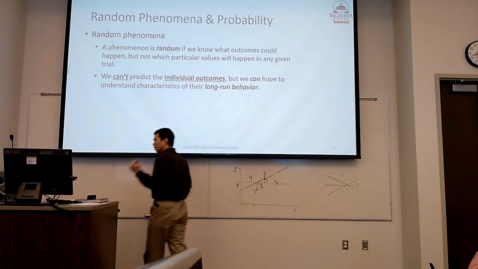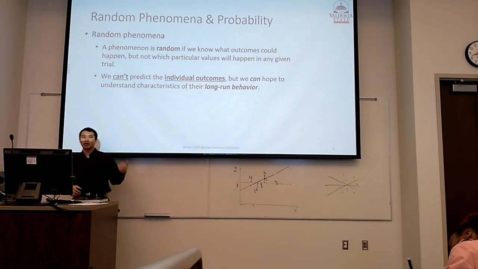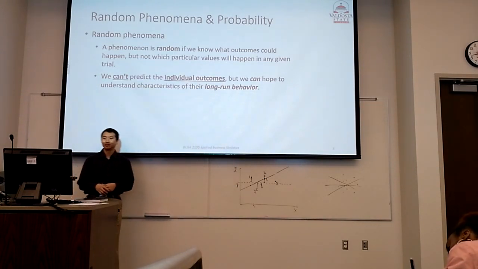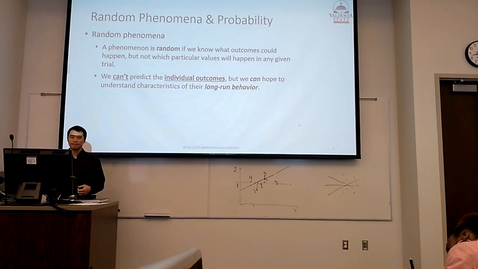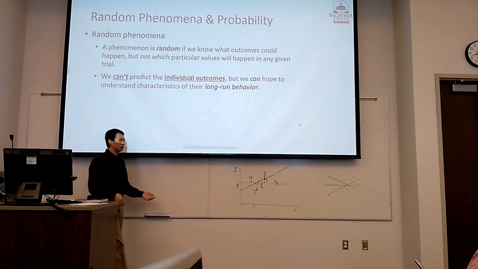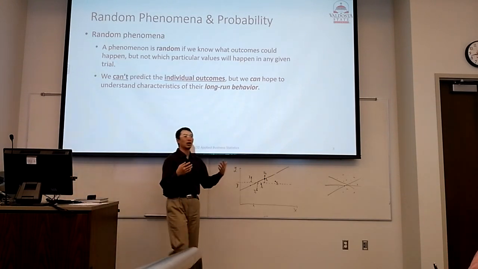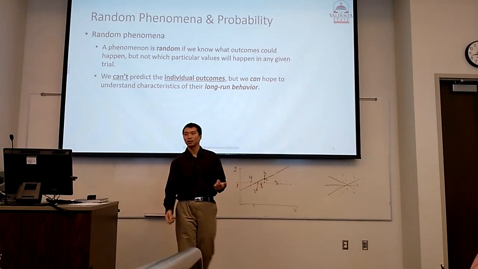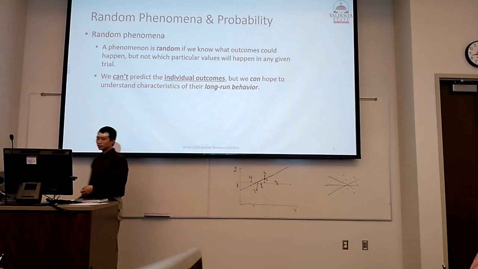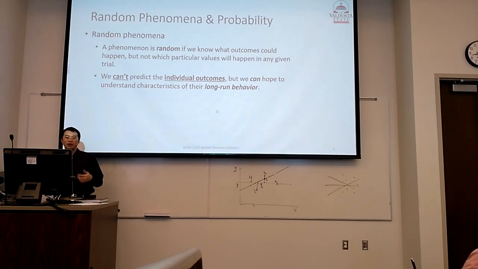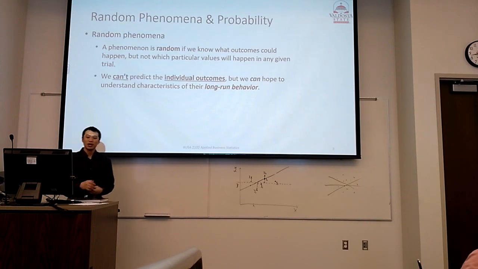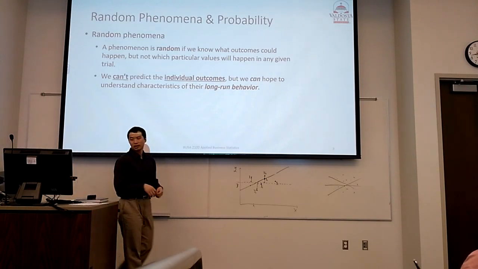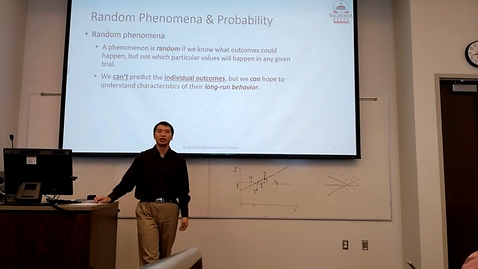So that's random. The outcome, that phenomenon, is random. We know the outcomes, but we don't know what exact value we will get. We cannot predict individual outcomes, but we can hope to understand the characteristics of the long-run behavior.